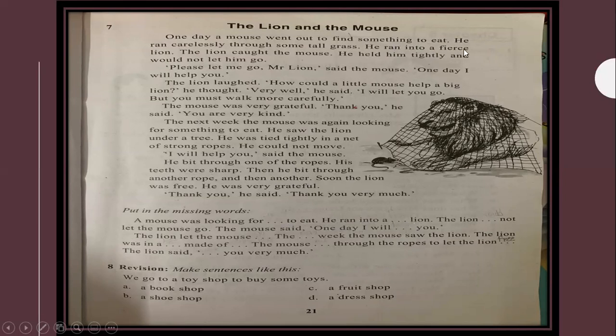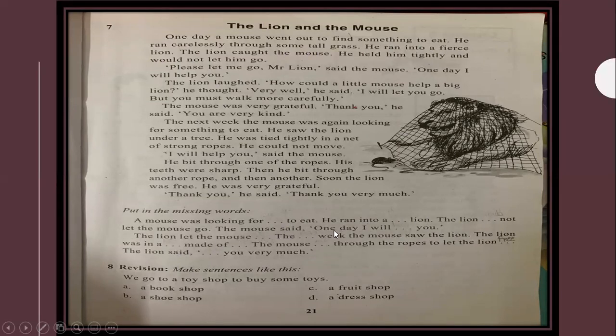What type of lion? He ran into a fierce lion. So this word fierce comes here. The lion dash not let the mouse go. What comes here? He held him tightly and would not let him go. So what word? Would. Would not.